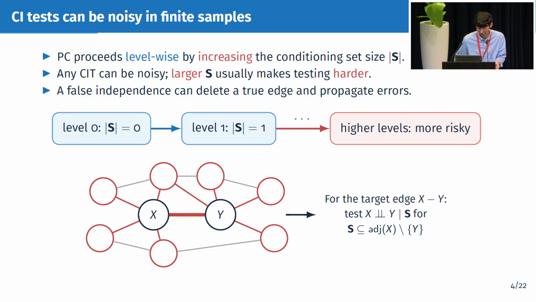Importantly, a single false independence can remove a true edge. Since later tests depend on the current graph, this error can propagate through the rest of the structure learning, and it will have a negative impact on subsequent tasks, such as estimating the causal effect from the learned graph. So in that sense, we would like to avoid unnecessary statistical tests, especially at higher levels.